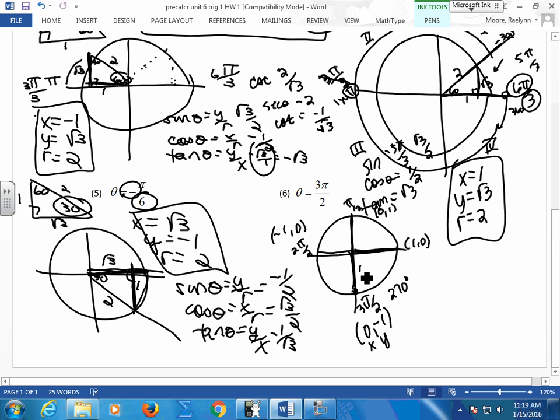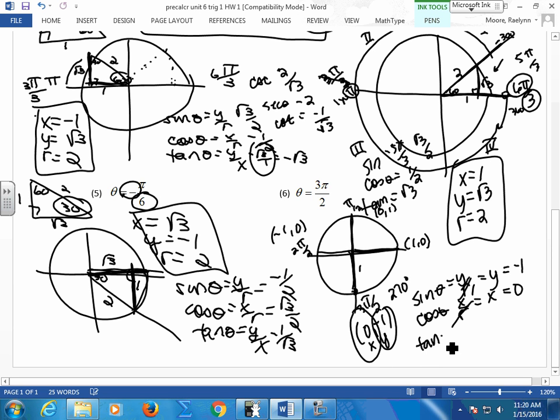Okay, so it will still work with x over r, y over r, but since your radius is 1, the sign is the same as your y value then, isn't it? Because this is 1. What is your y value for this guy? -1. Your cosine is x over r, but your r again is 1. So your cosine is the same as your x. And what is your x value? 0.